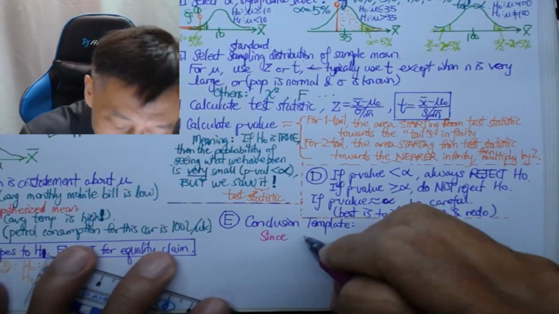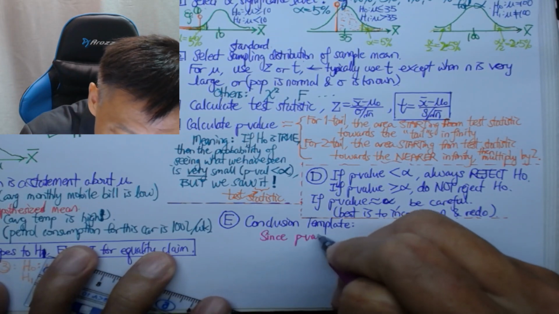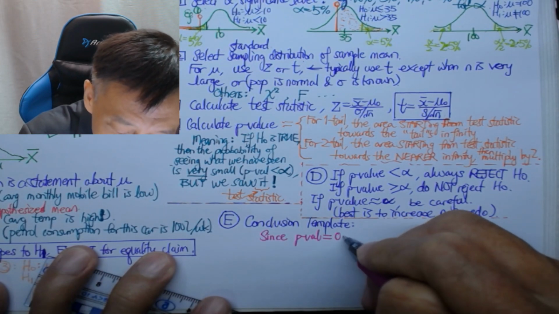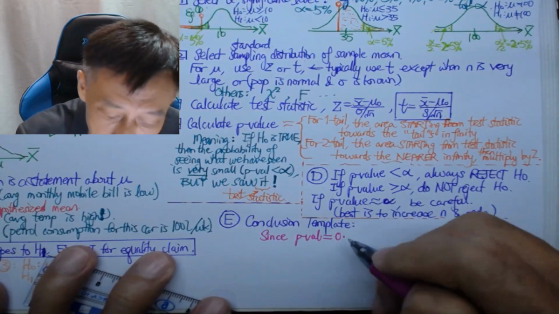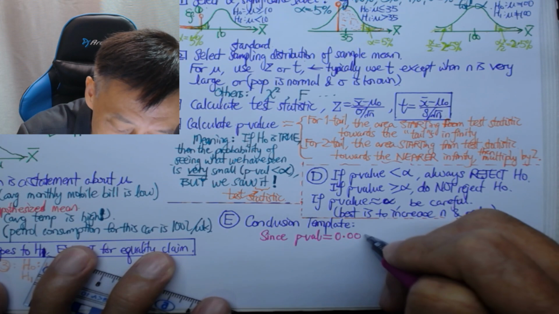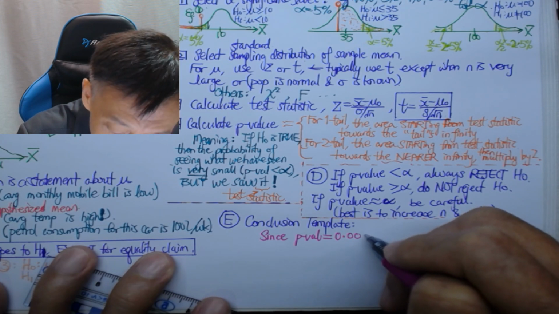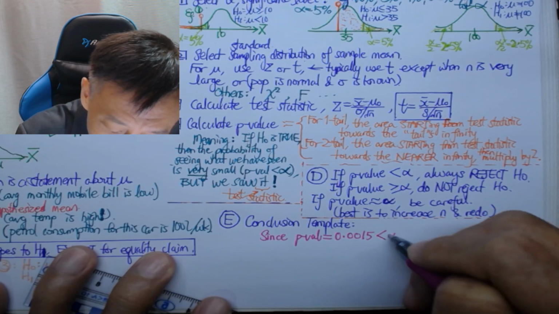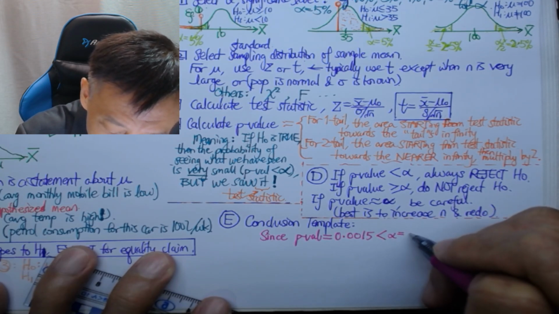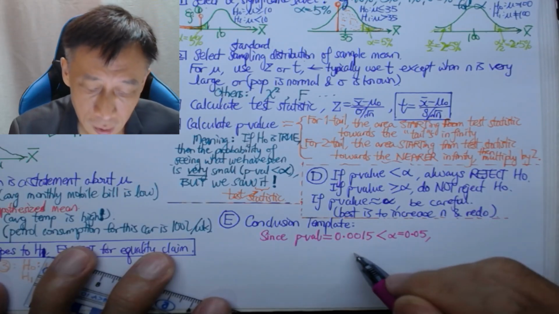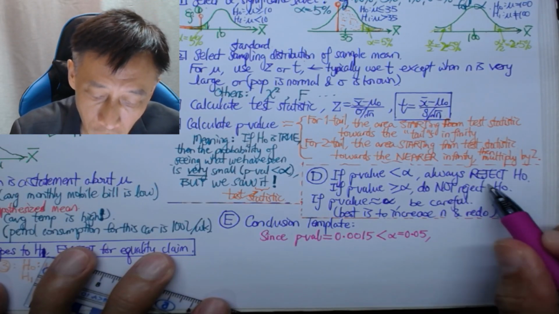Since p-value is equal to, I'm just putting in some numbers, you can replace those numbers with your actual findings, 0.00015 is less than alpha, which is equal to 5%, so 0.05. In this case, less than means we always reject.